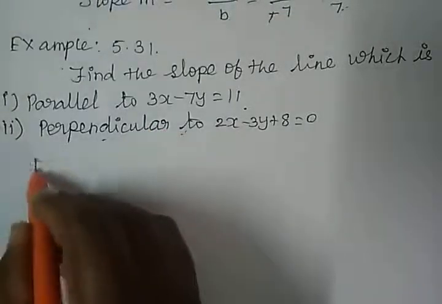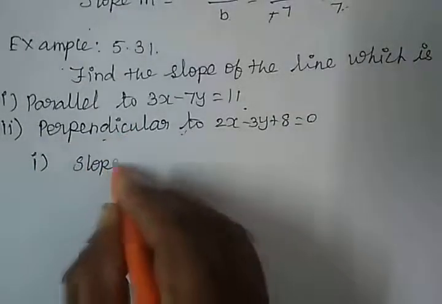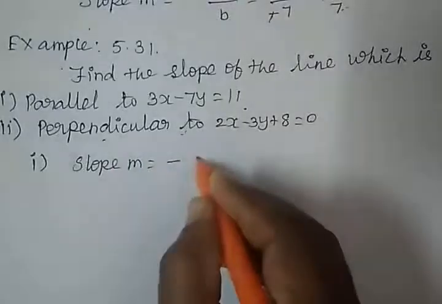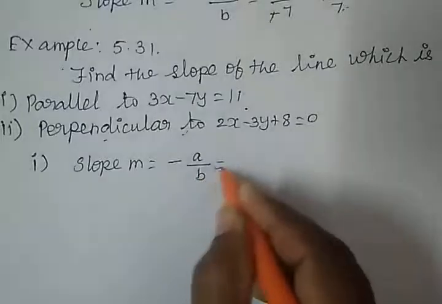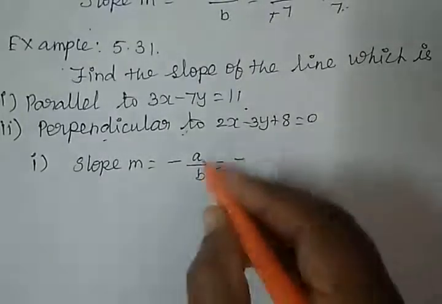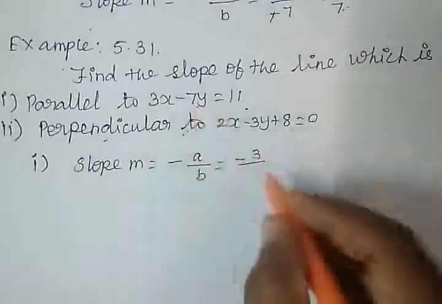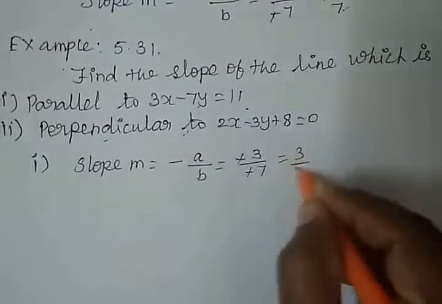So for the first, the parallel line, slope is equal to, we already studied that formula, minus coefficient of x by coefficient of y. Here the coefficient of x is 3 and the coefficient of y is minus 7. So minus minus cancel, 3 by 7.